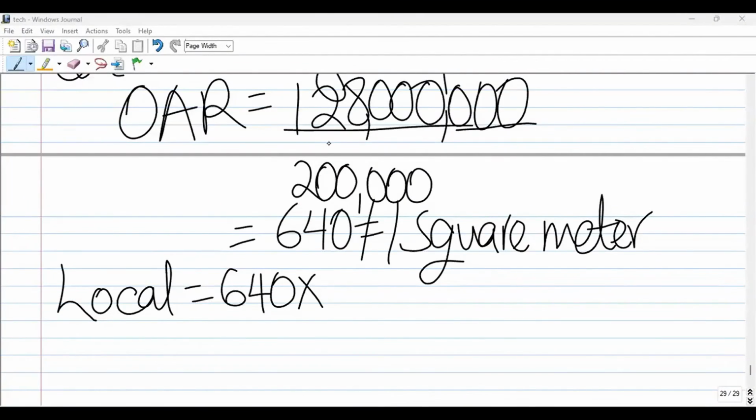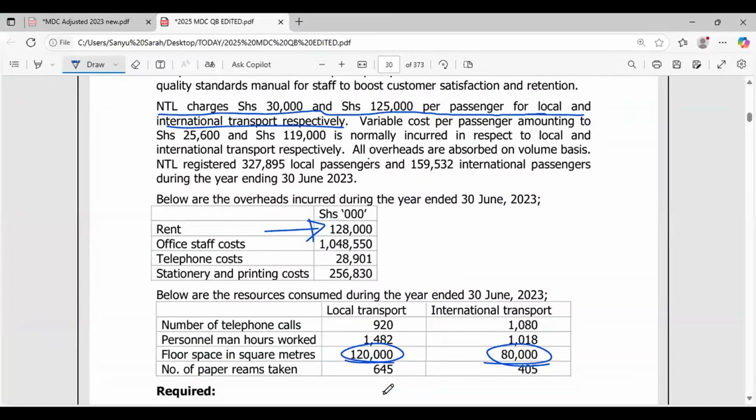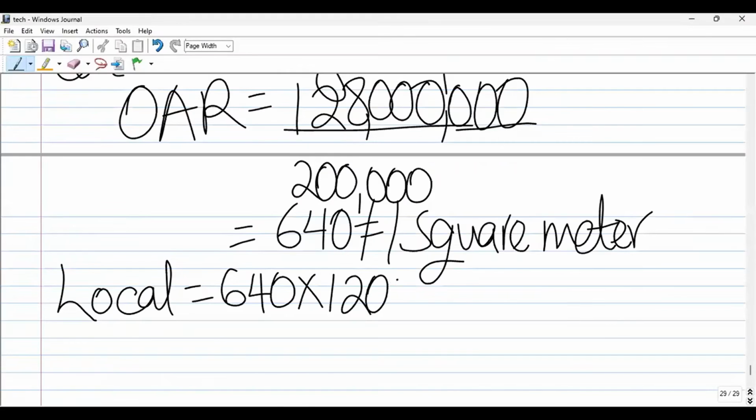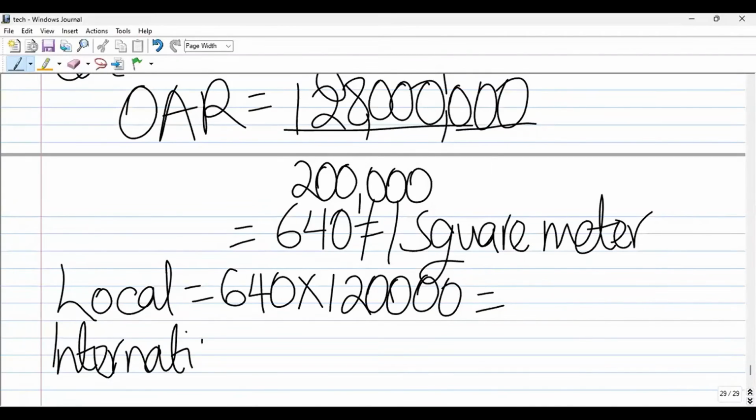So how many square meters do we have for only local? 120,000. For international, we have 640 times the number of square meters for international, 80,000.